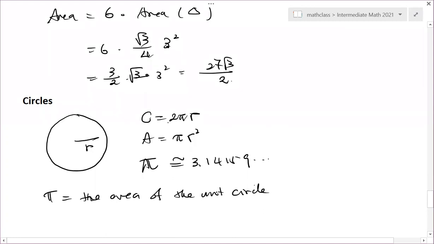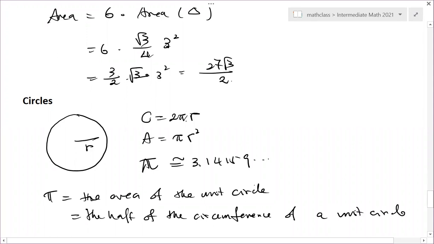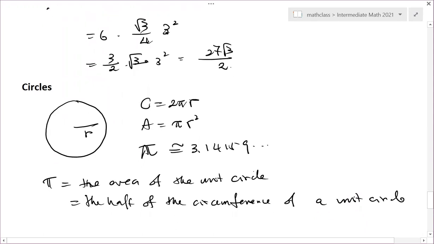Also, from the above formula, pi is half of the circumference of a unit circle, because when r equals 1, half of C is going to be pi.